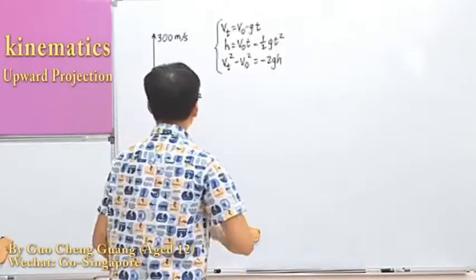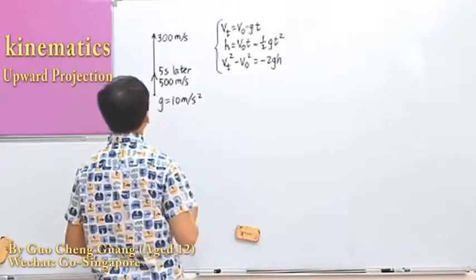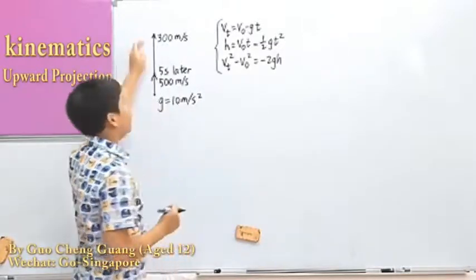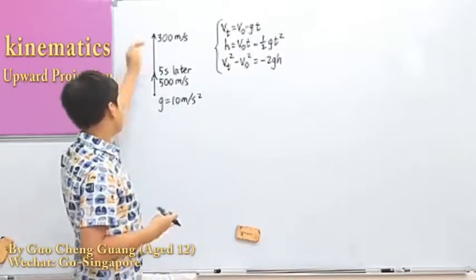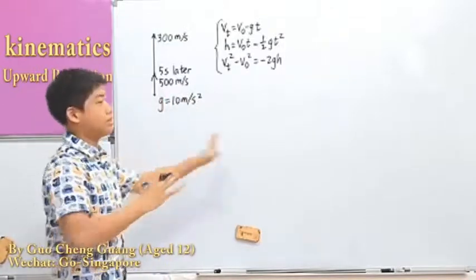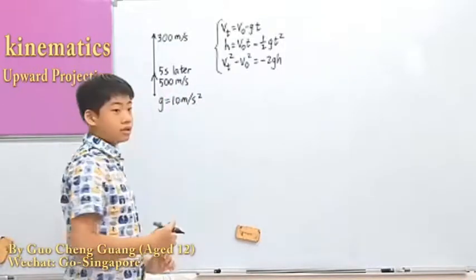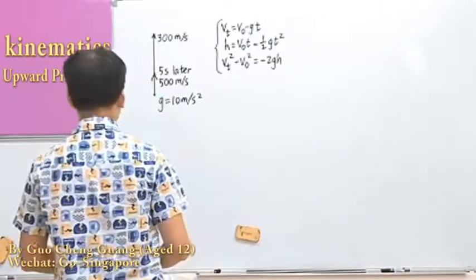So there are actually two ways: either we start calculating the time from the first bullet, or from the second, the last bullet.